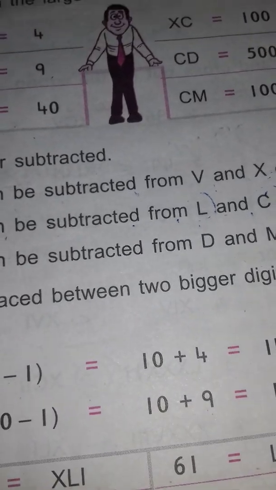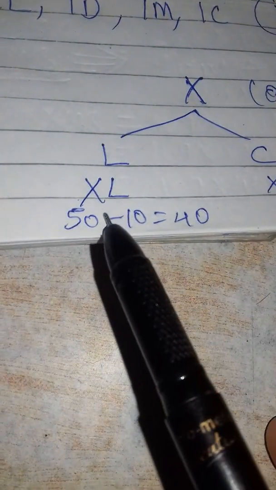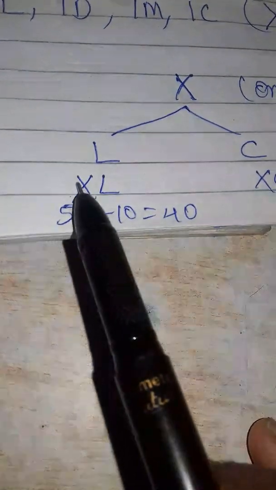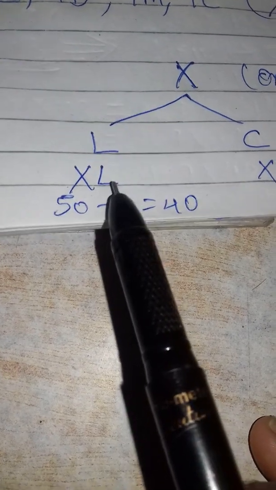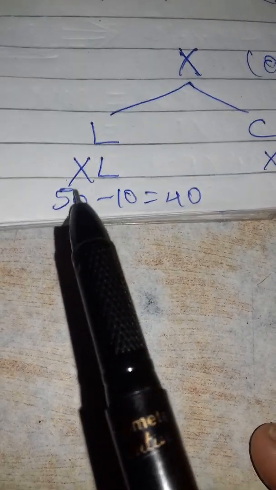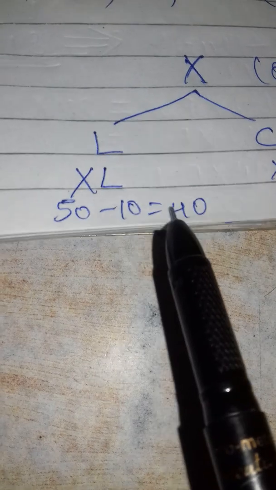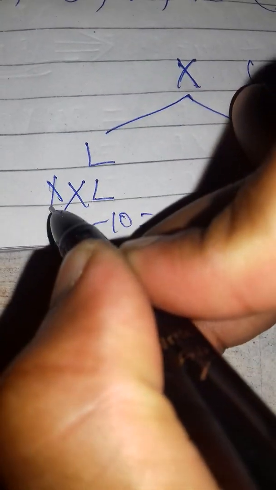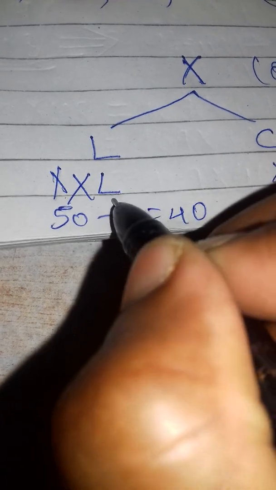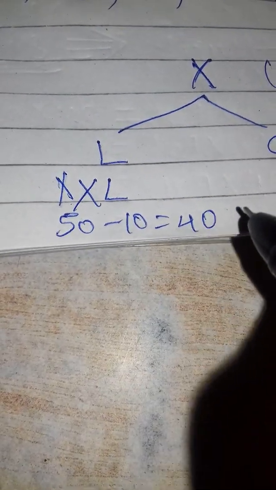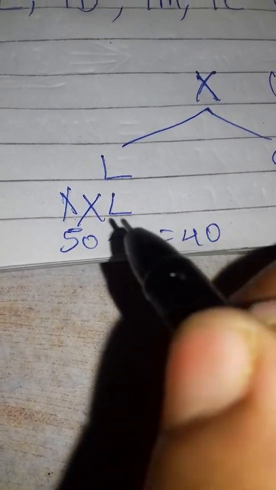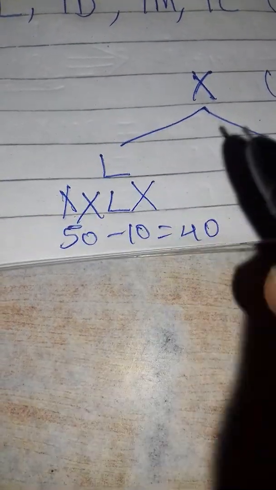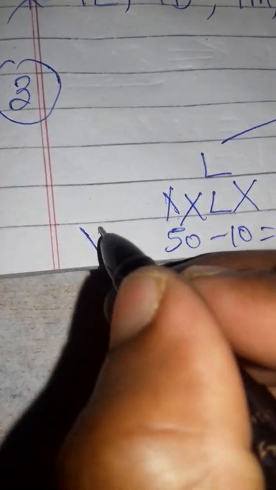For example, if you have to write 40, you write XL, which means from the larger number you are subtracting the smaller number: 50 minus 10 is equal to 40. Okay, but you cannot mention it two times, like 50 minus 20 is equal to 30 and so on. So this is wrong. If you have to subtract, you will write it only once.